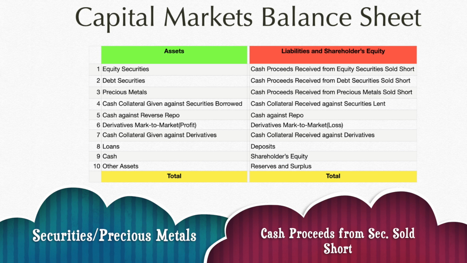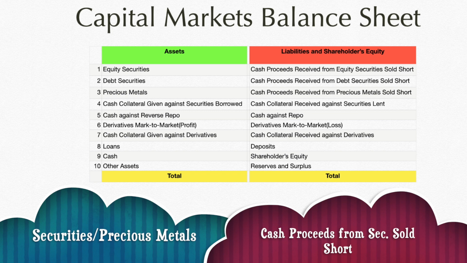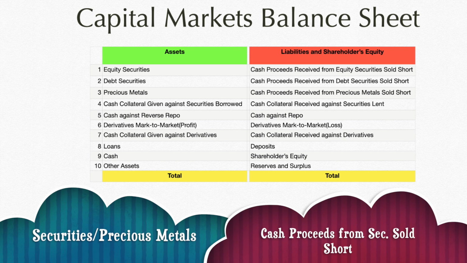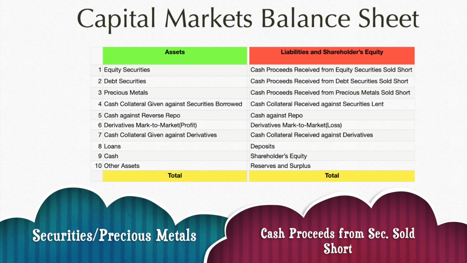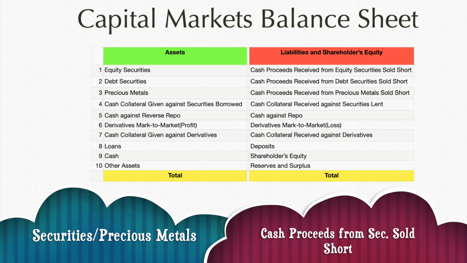On the other hand, if the bank sells short securities, that is, the bank sells the securities it does not own by borrowing them from another party or broker, the cash proceeds received from selling this security show up as a liability. This is because the bank does not own this money and will need to return this money sooner or later whenever it decides to buy back the security it sold short.